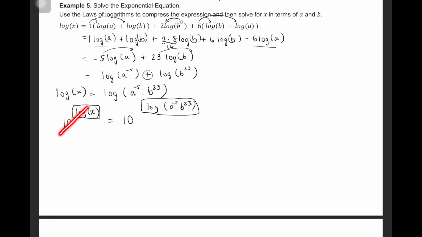So this is going to undo each other. This is going to give us x equals a to the negative 5 times b to the 23rd, right? And because this has a negative power, this is the same thing, but a to the 5th in the denominator, right? And this gives us the solution, right?